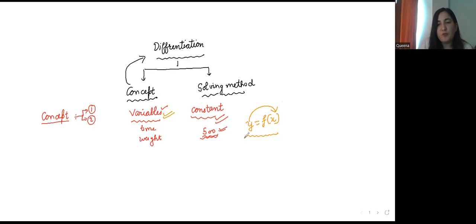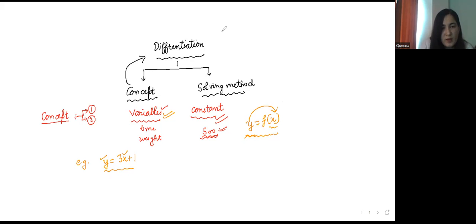That is, the value of y depends upon the value of x, right? We can take an example. Let us say y is described as 3x plus 1. From this equation you can easily see that if we change the value of x, then the value of y automatically changes, right?